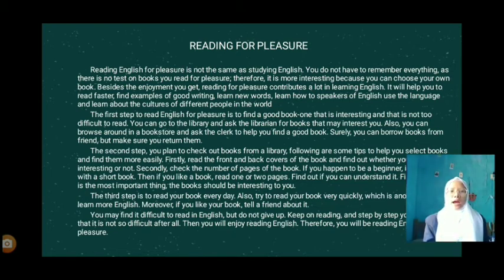So here I give you an analytical exposition text about reading for pleasure, because in the PowerPoint the font is really so small. I doubt you can read it. So I will send you after this the PDF or the draft of the reading for pleasure material, so you can read it in Word, not in the PowerPoint, so you can understand well about the analytical exposition text.